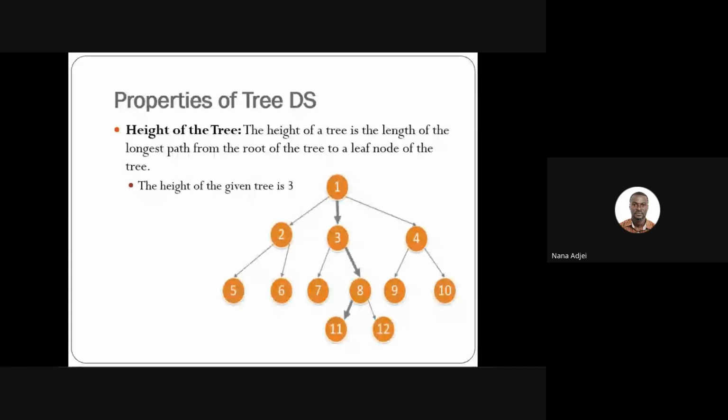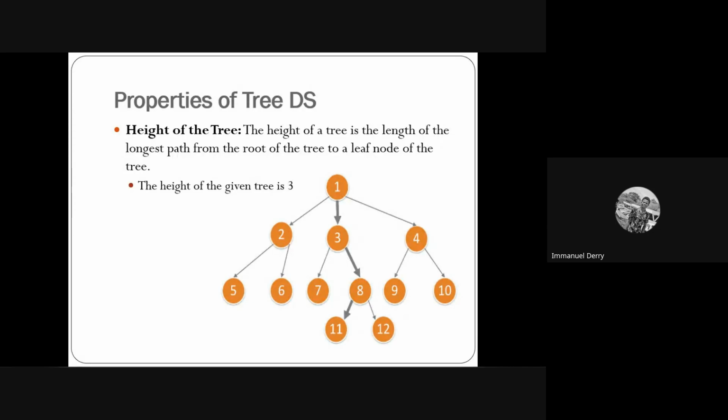Okay. All right. Thank you so much, Nanaji. So let's talk about the height of the tree. The height of a tree is the length of the longest path from the root of the tree to the leaf. So equally, we could say that if we are asked to find the height of the parent node, it is the same as telling us to find the height of the tree.